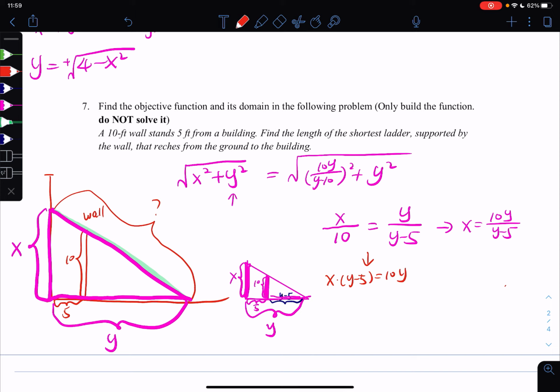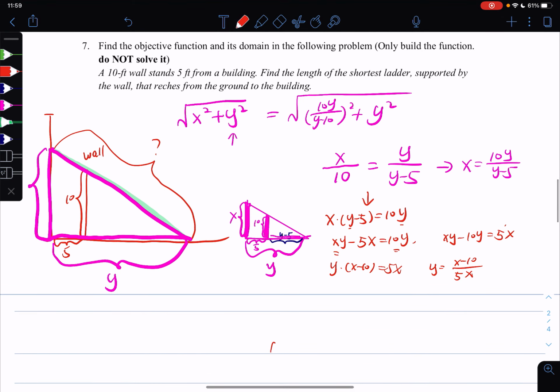Once I get to that stage, I realize y cannot be moved together directly because it's buried in a parenthesis. So I have xy minus 5x, which is 10y. So now I can move them together, which is xy minus 10y, which is 5x, hence y times x minus 10 is 5x, hence y is 5x over x minus 10.